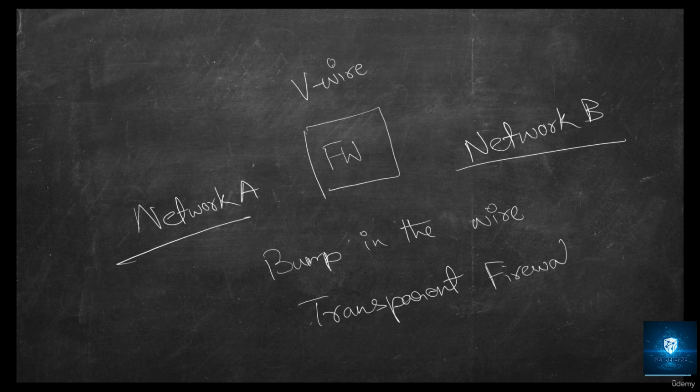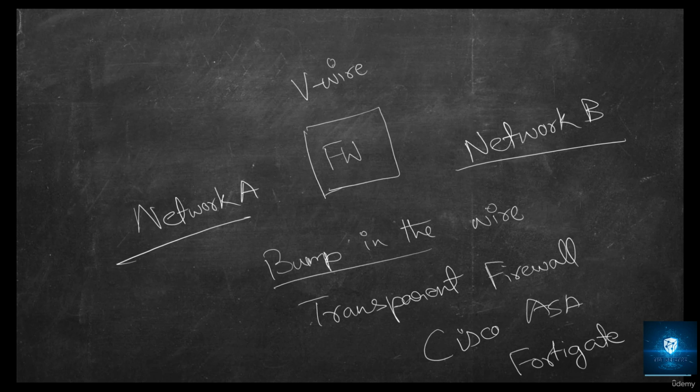Even the Cisco ASA used to have this and still has this, and also the FortiGate firewalls have this transparent mode. So you just slide in the firewall here, as in bump in the wire, or transparent, or inline as well. This is one more word that you can use, inline firewall. You place it there, and then you don't need to make any changes on this network or on this network. Alright, so this is your vWire mode.